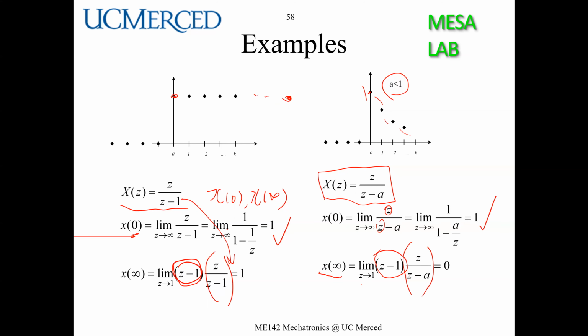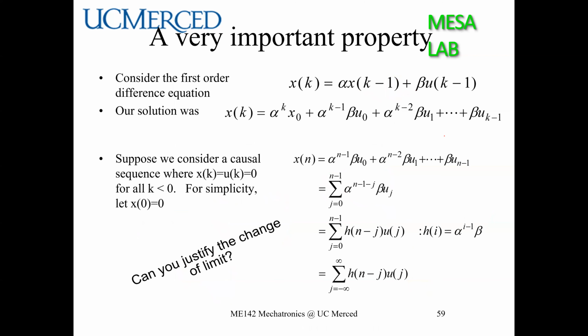So you send z to 1, then you will see this is 0. It decays to 0. So looks like this is great. Yes, it is. So that's the initial value, final value theorem.